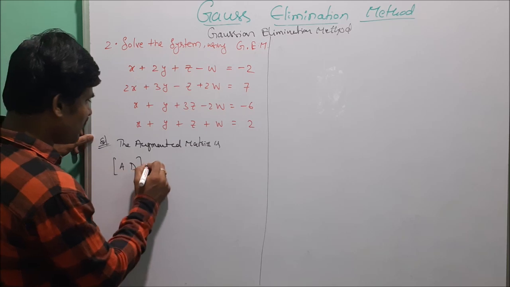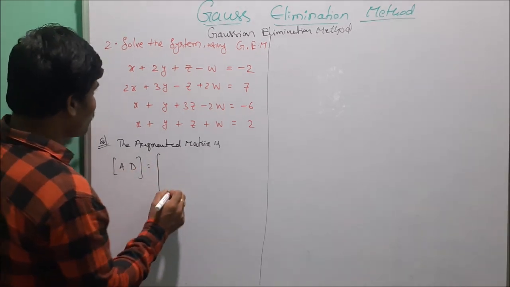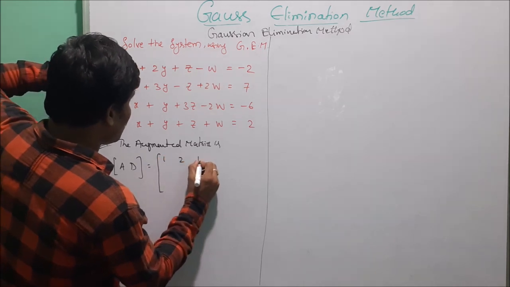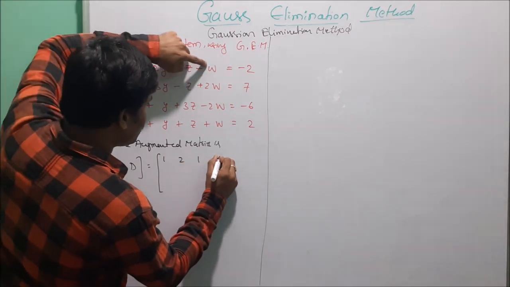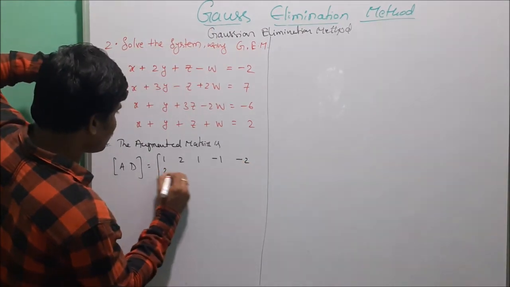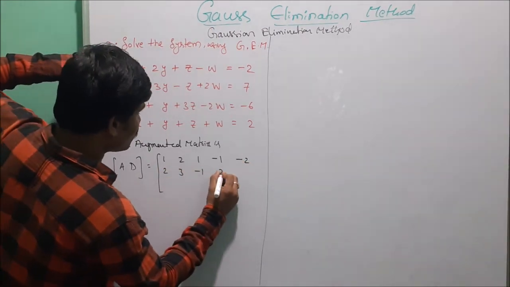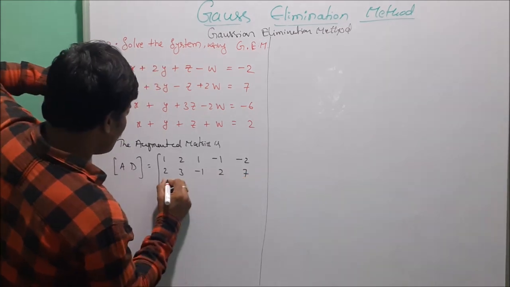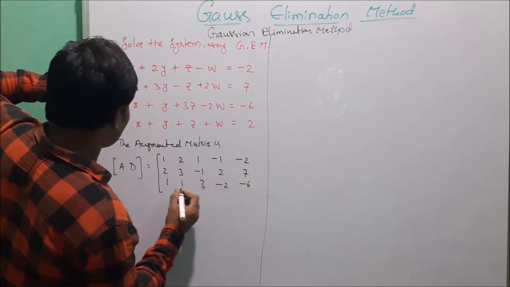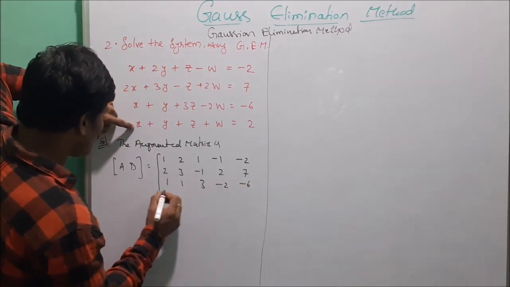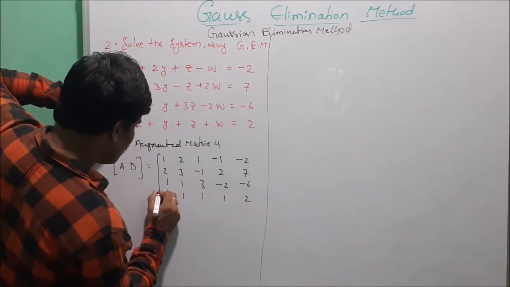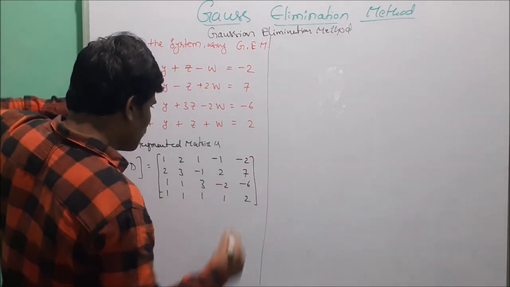Here the augmented matrix AD equals: we take the coefficients of x, y, z, w. In the first equation, 1, 2, 1, minus 1 and the constant is minus 2. Similarly in the second equation, 2, 3, minus 1, 2, 7. Then 1, 1, 3, minus 2, minus 6, which is the third equation. The fourth equation coefficients are 1, 1, 1, 1, 2. Now this is the augmented matrix.